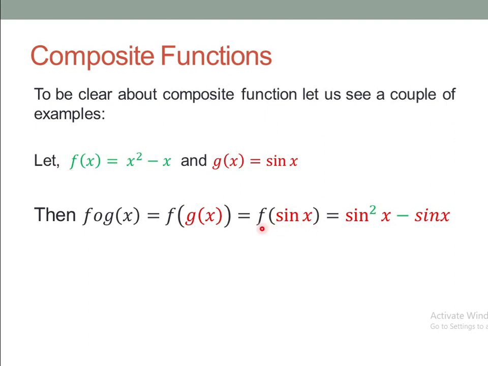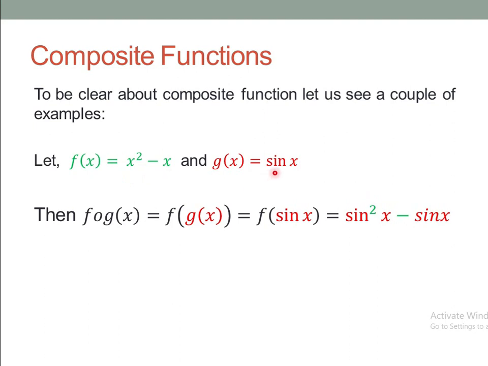The duty of f is actually squaring the input, then subtracting it from the square. So here input is sine, we will square the sine and subtract sine, that is sine square x minus sine x. So the composite function f of g x is a new function which is composed by x square minus x and sin x.